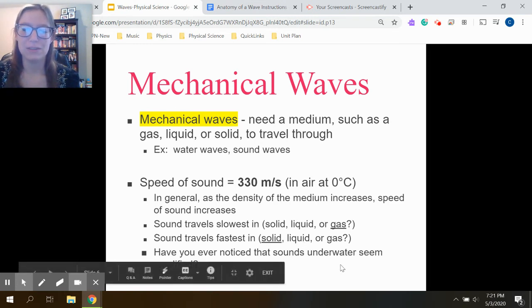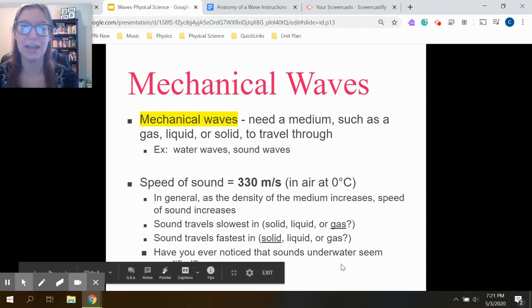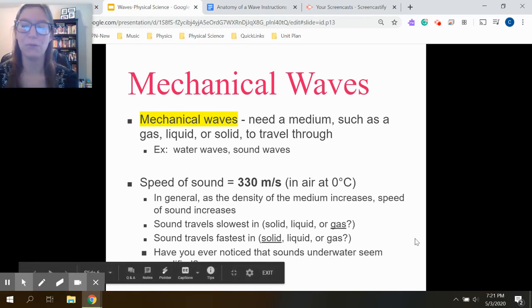To think about this, if you've ever been underwater and tried to speak, you know it sounded kind of funny, right? It probably sounded more amplified. That's because that sound wave was traveling faster through the water than it would have if you had put your head above and shouted it out there.